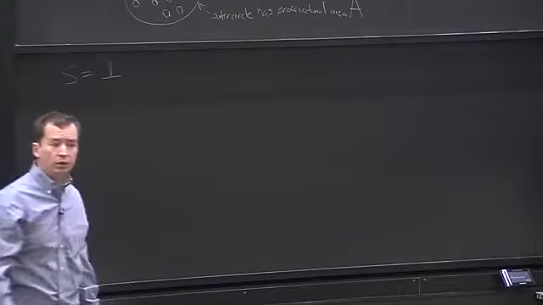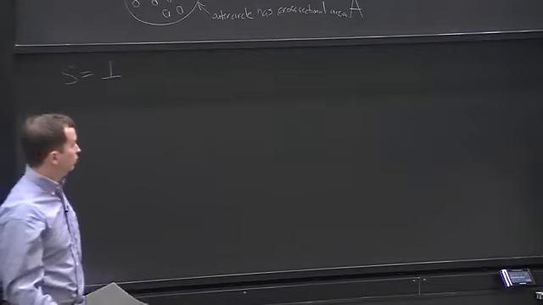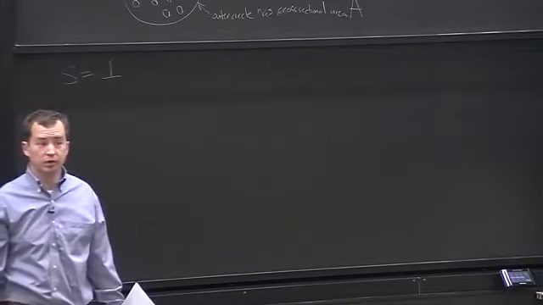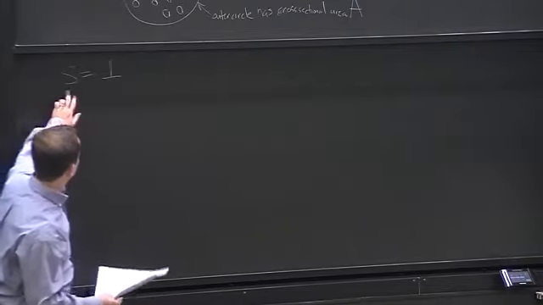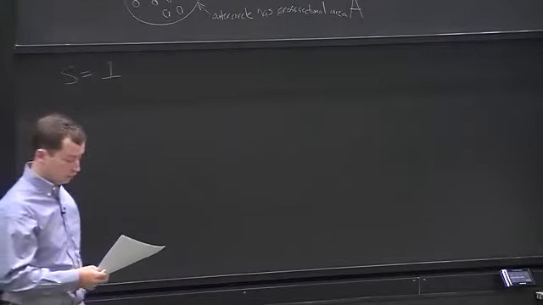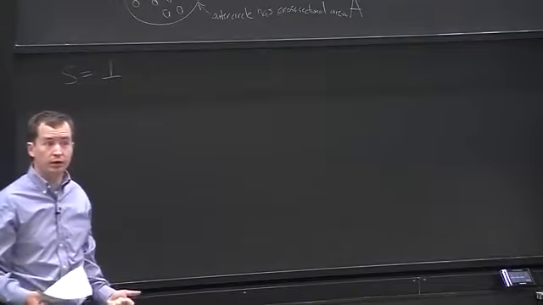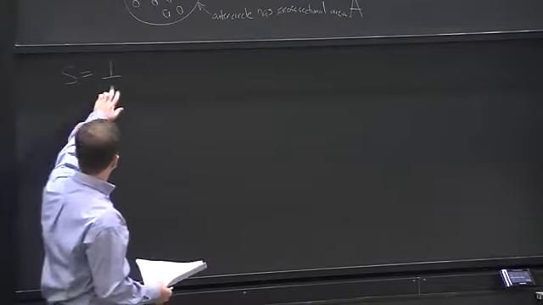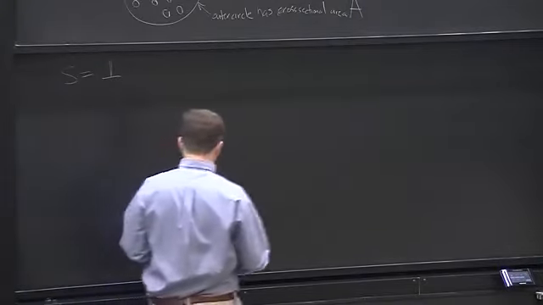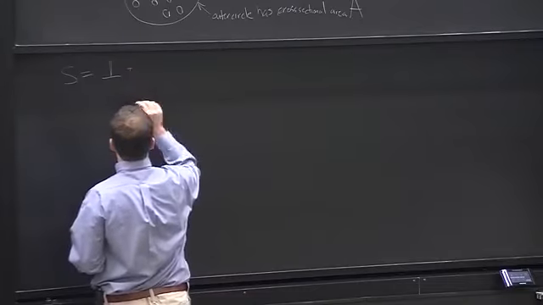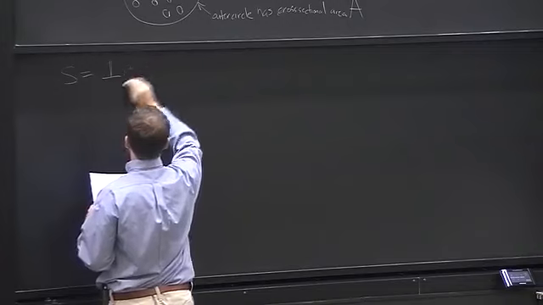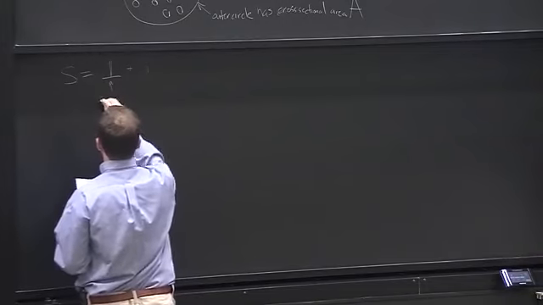In a free theory, we expect that there are no interesting transitions, no interesting scattering, and basically the evolution is just trivial. So nothing interesting should happen in a free theory. So the S matrix should just basically be the identity matrix.